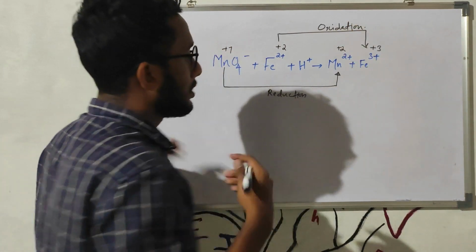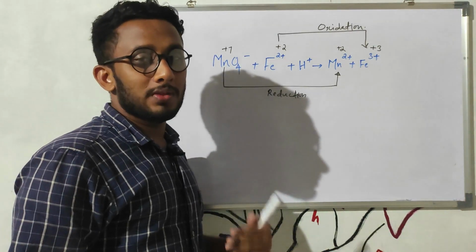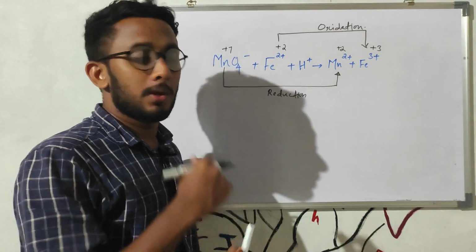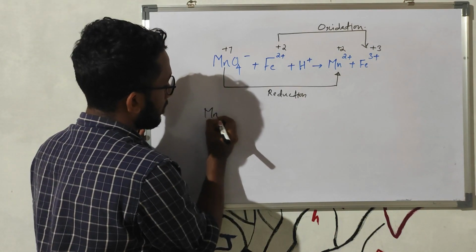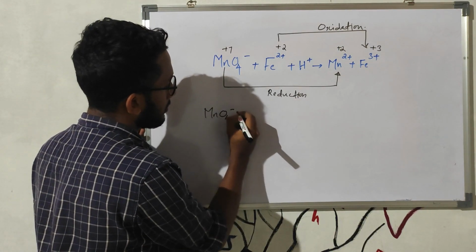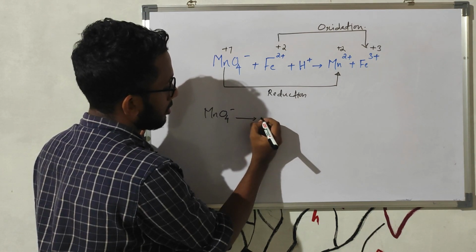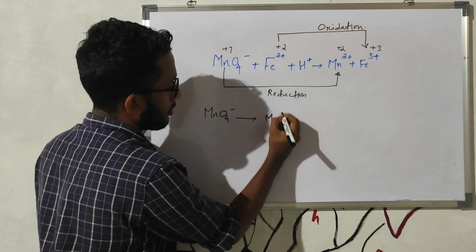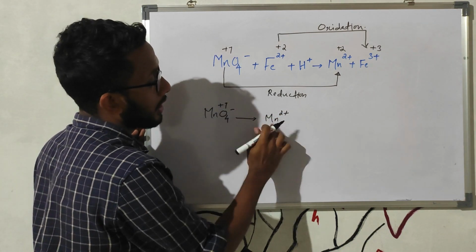What we have to do next is write the two half reactions separately below. We write MnO4 minus gives Mn2 plus. How does Mn7 plus become Mn2 plus?